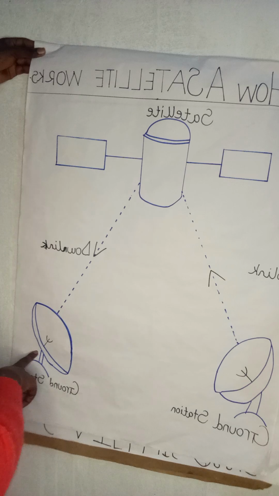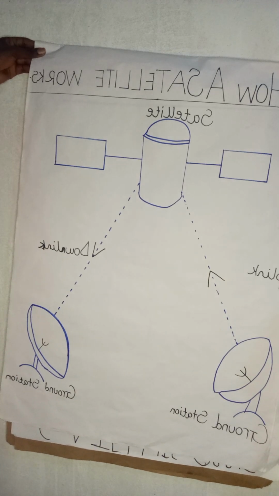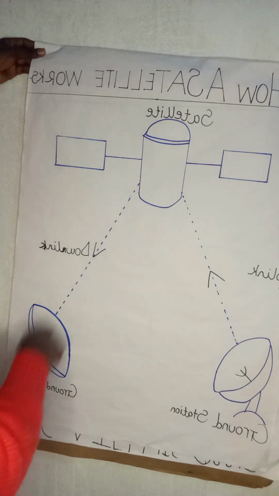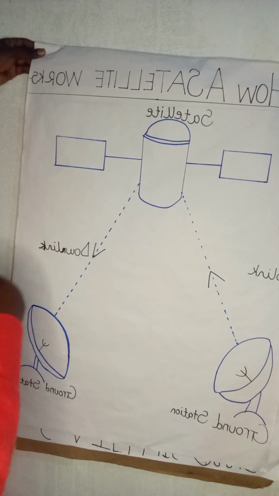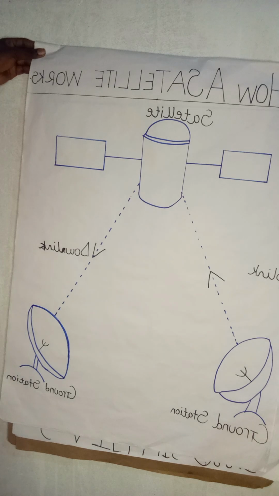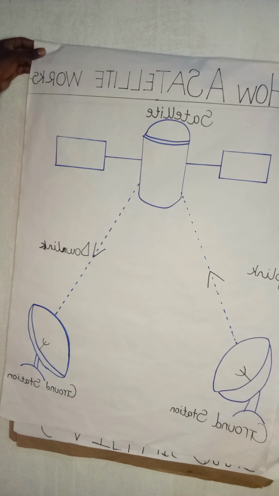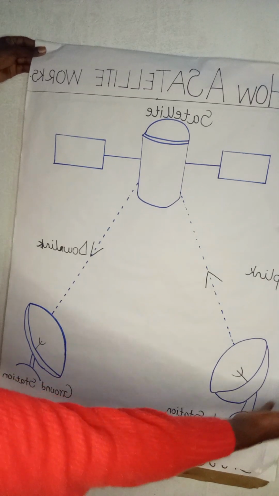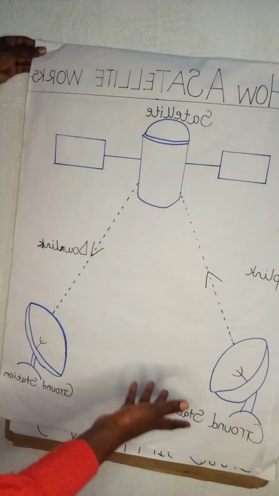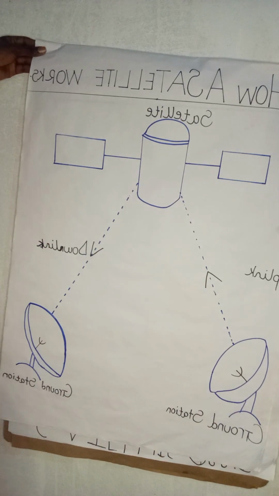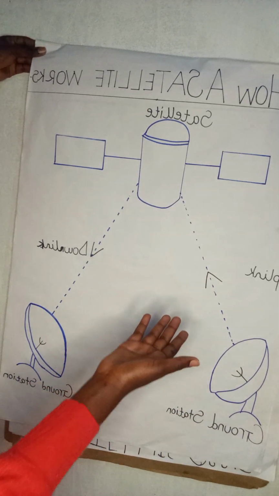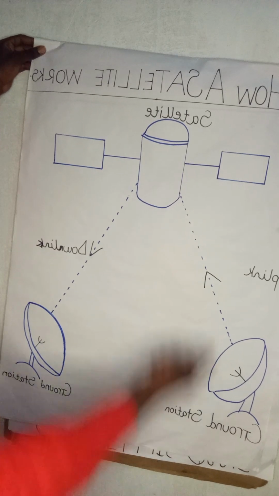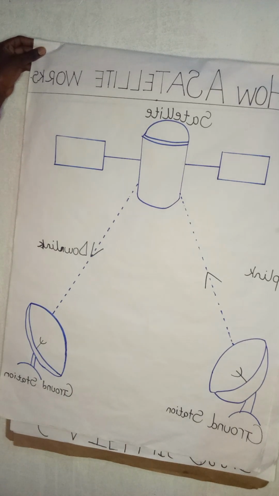So once it reaches a ground station in the other location, the opposite side of the Earth, this ground station sends these amplified downlink signals, or for example now, it's a phone call, it relays it to the receiver. So a receiver on the other side of the Earth is able to hear the information being conveyed by a person on the other side of the Earth through satellite communication. So that's how a communication satellite located in the geostationary Earth orbit is able to facilitate communication.